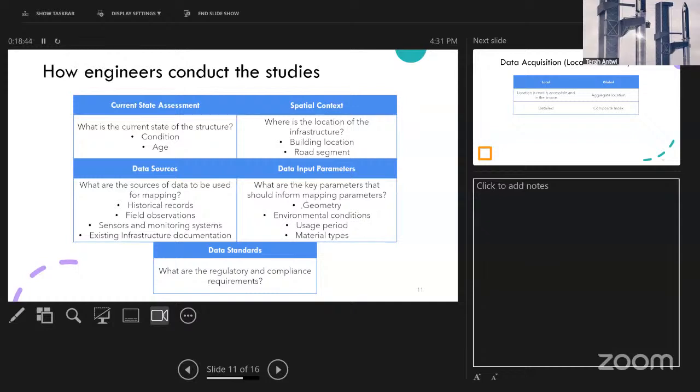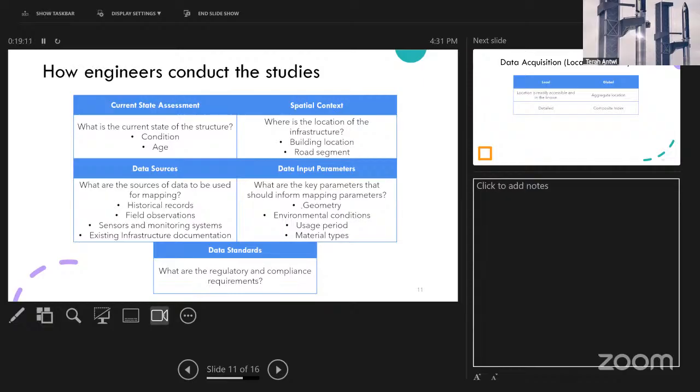So our next question will be, how will engineers conduct such studies, like infrastructure mapping and management? How will we do that? Some of the questions come in five states. You may be wondering about the current state of the asset you have. That will influence the data you pick on certain things like condition and age.